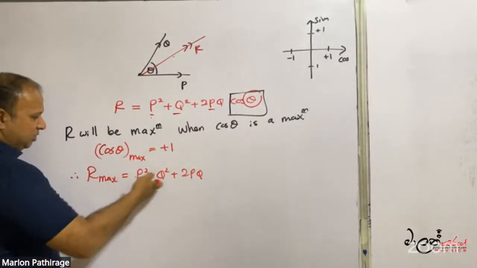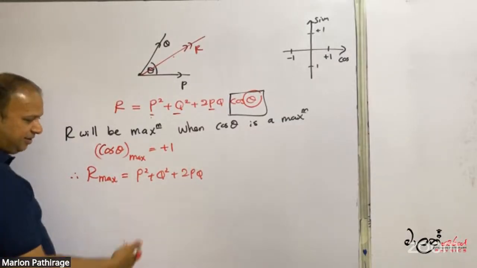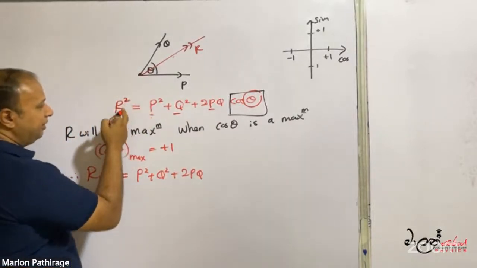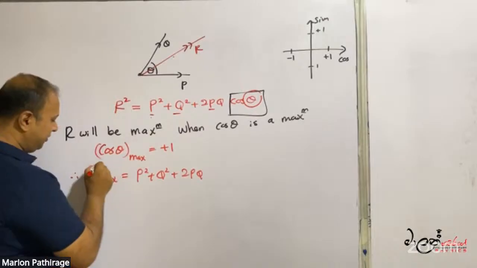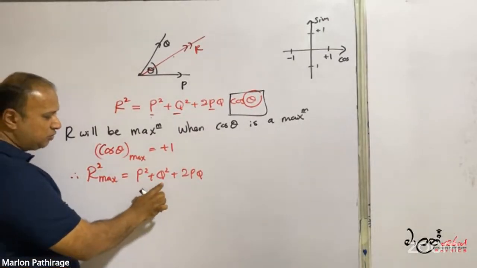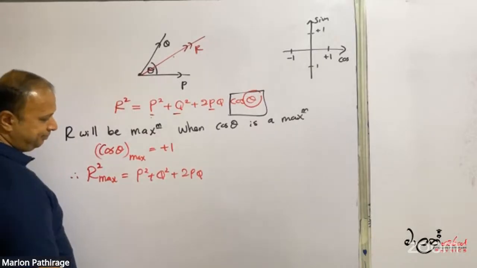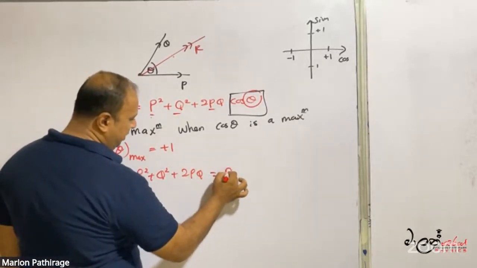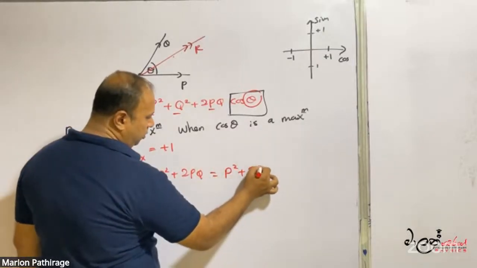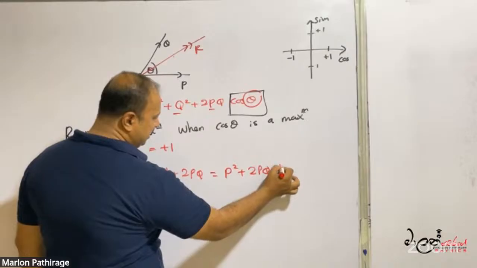So, what is this one? If you arrange, make R square. R square is equal P square plus Q square plus 2PQ. That means this is equal P square plus 2PQ plus Q square.